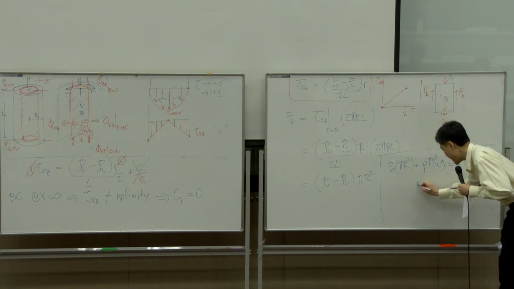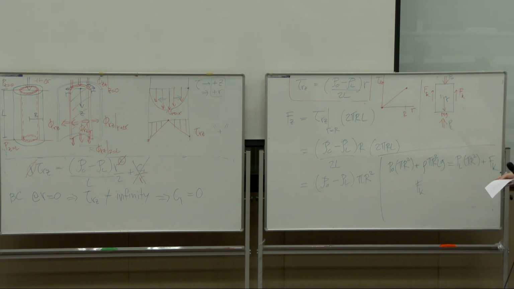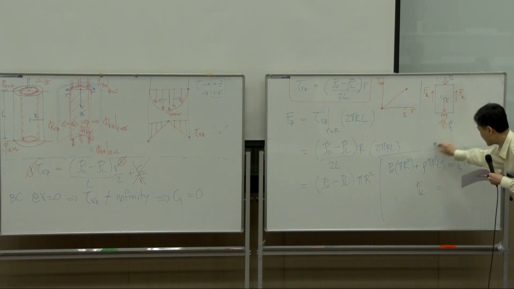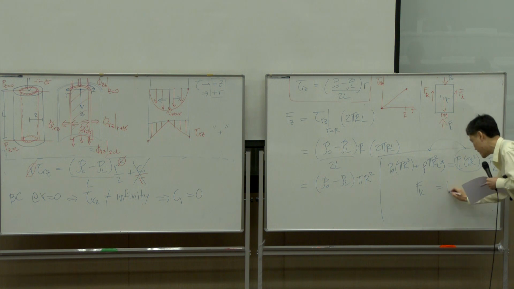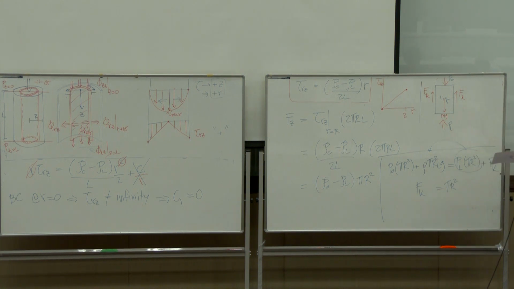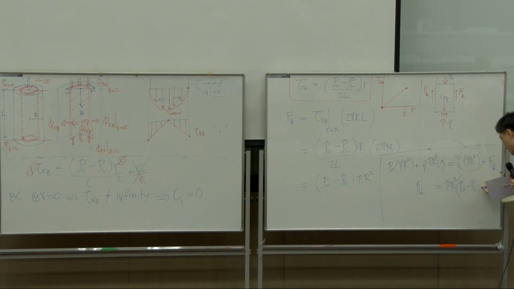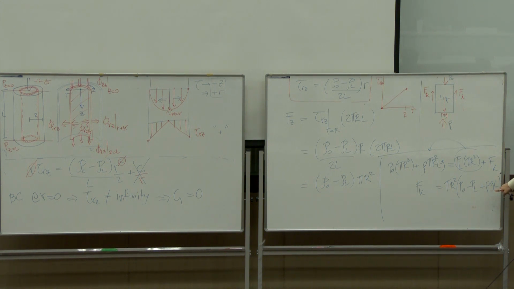If you solve for Fk, if you move this to the left-hand side, pi r squared will be a common term. Take pi r squared out. What you have left would be P0 minus PL plus rho g L. PL and rho g L can be combined as modified pressure PL, and P0 plus rho g times zero gives modified pressure P0.